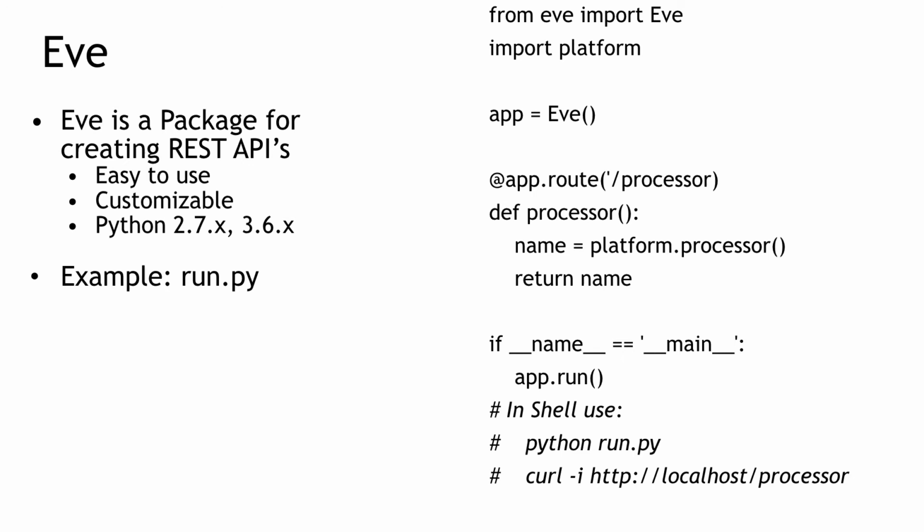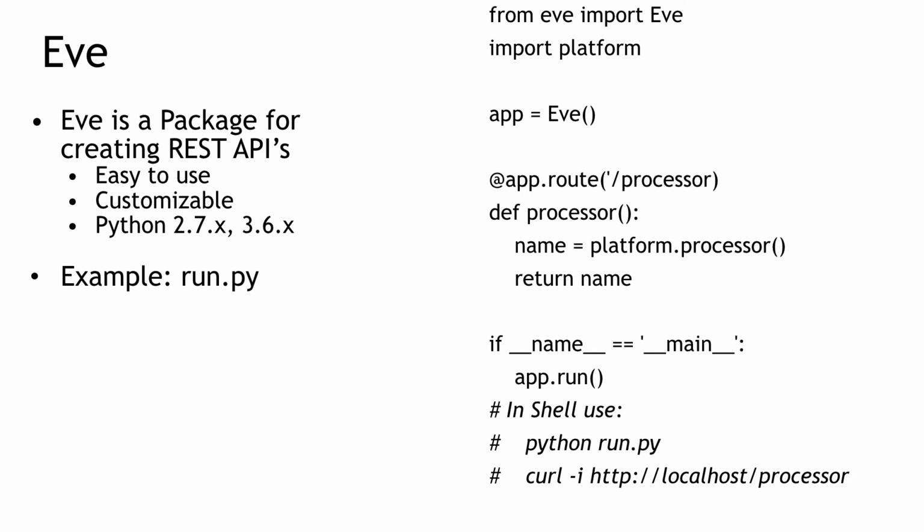And the only thing that we really need to do is to create a run program that we put in our directory. And we need to be importing from Eve the package Eve. And in order for us to show you something a little bit more interesting, we thought, well, let's figure out the processor name that we actually have on your platform or on your computer that you're running.